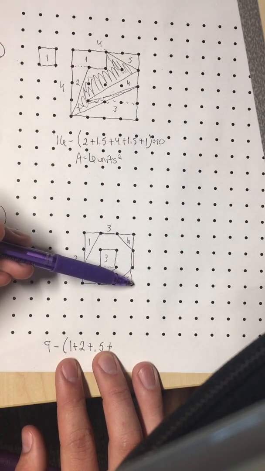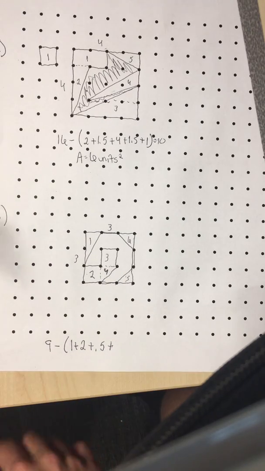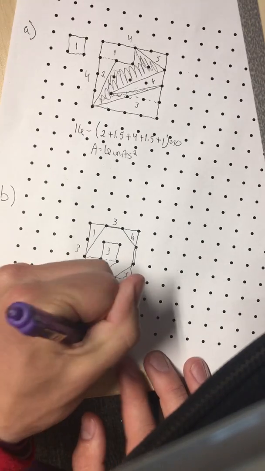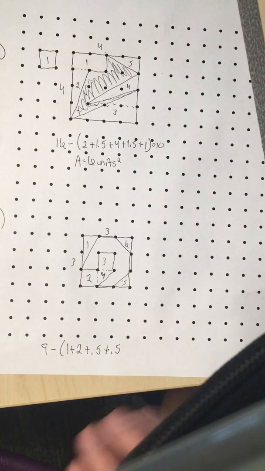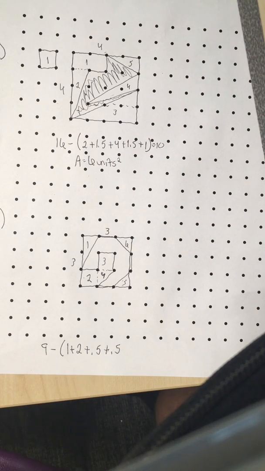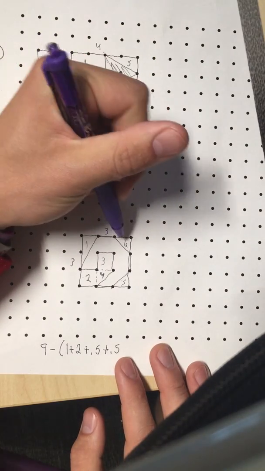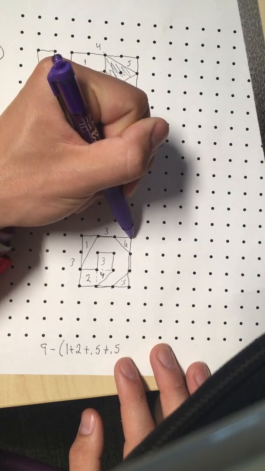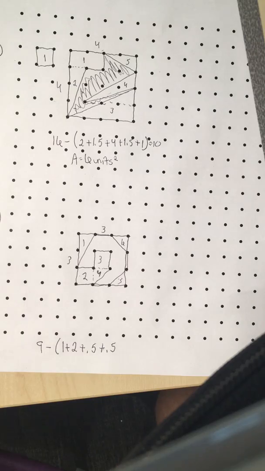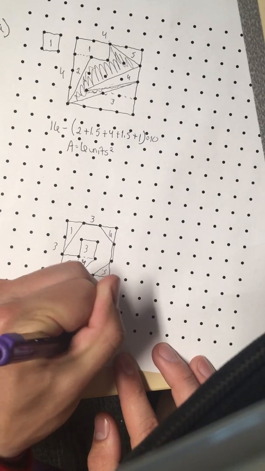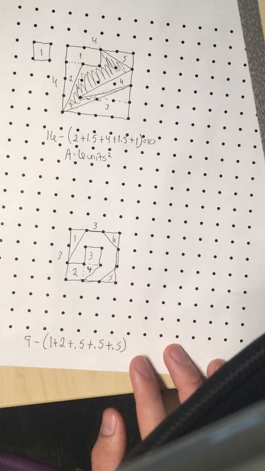Just 1 and 1, so again 0.5. And 6, I bet it's 0.5. There's 1 and 1, so 1/2 of 1 times 1 is just 1/2.